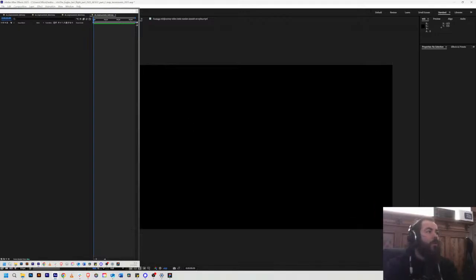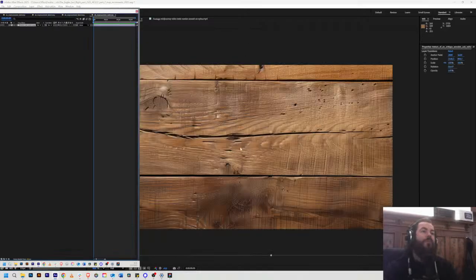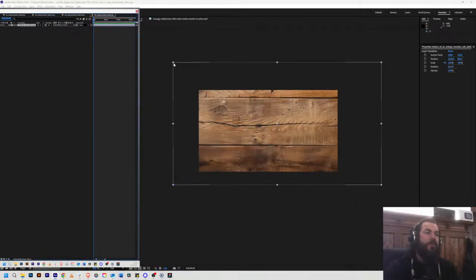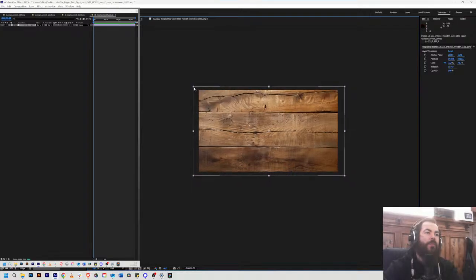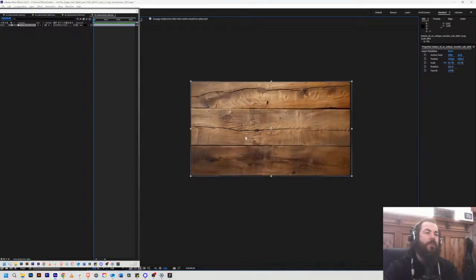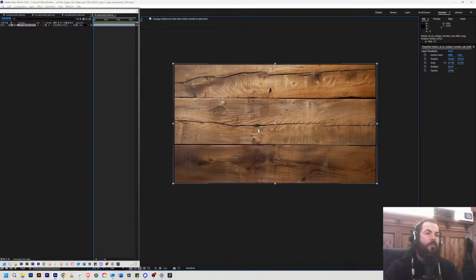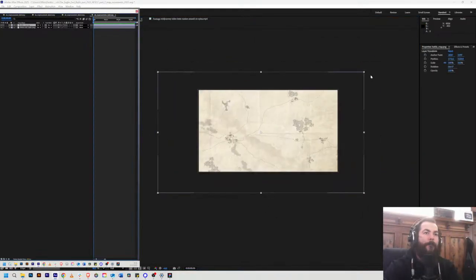All right. We're gonna start by putting in the texture we have. So this is our desk texture where the map is gonna be. And then we have a battle map.